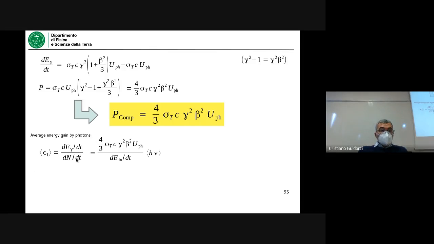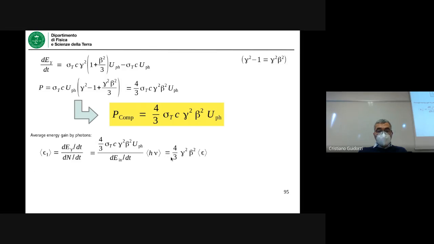So dN over dt is dE in over dt over average energy. But again, this we calculated before: it is just sigma Thomson c U photons. This is what we obtained in the previous line.